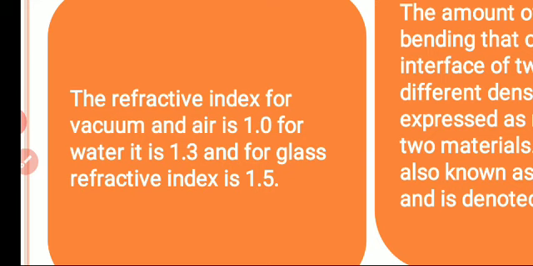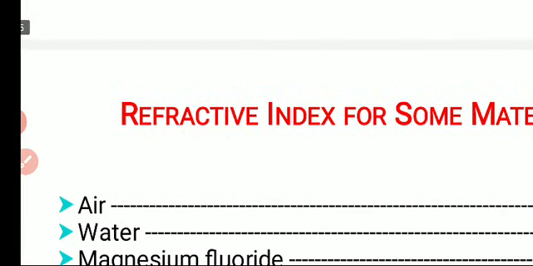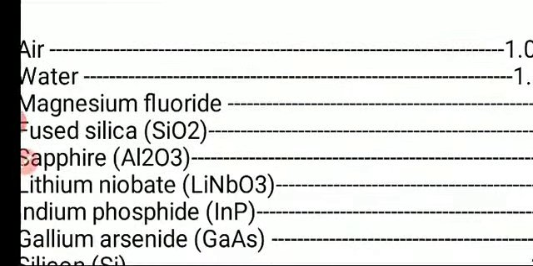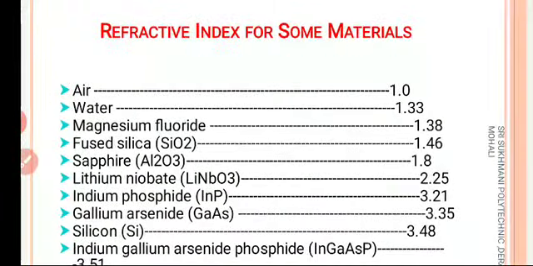So this refractive index is very important to decide the path of the optical signal along the core-clad interface. So this is a table of refractive index for some of the materials. As you can see, it is different for different materials.